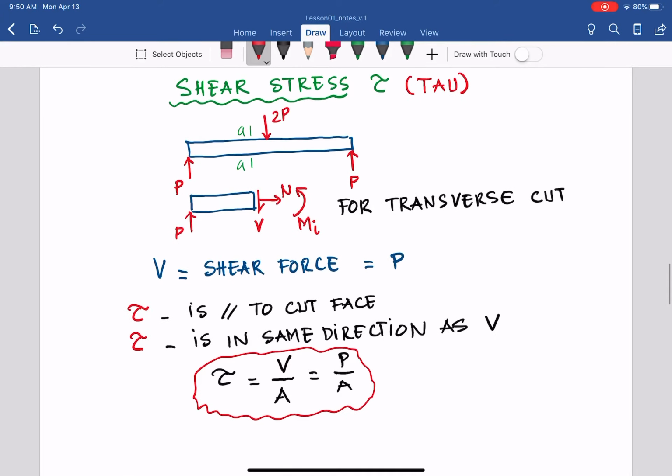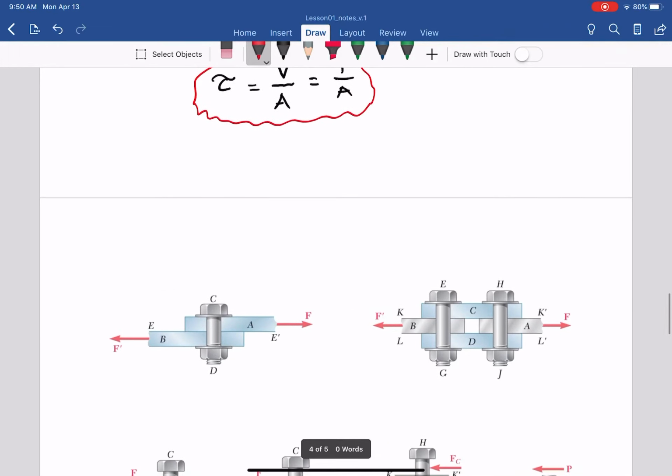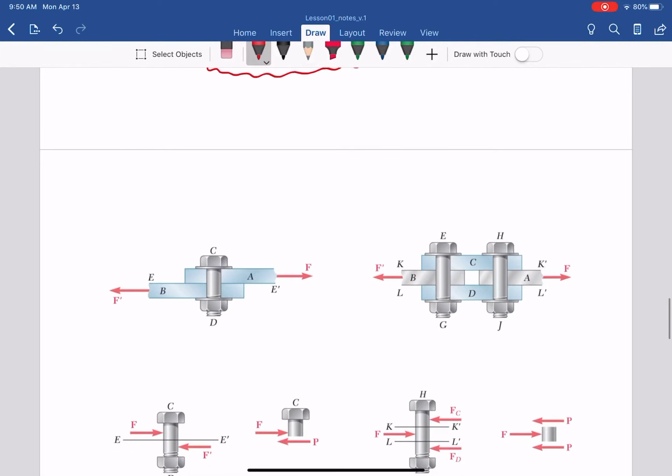So before we go to practice worksheet 1E, I want to show you the difference between single shear versus double shear, that you may see in the problems in homework 1.